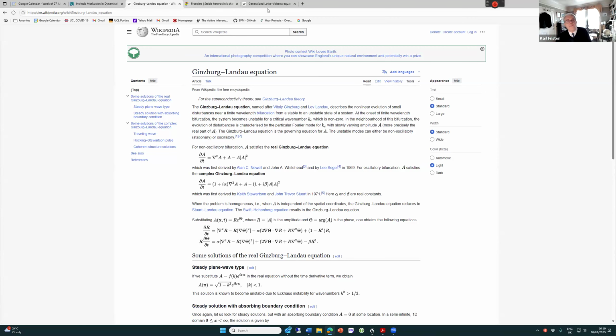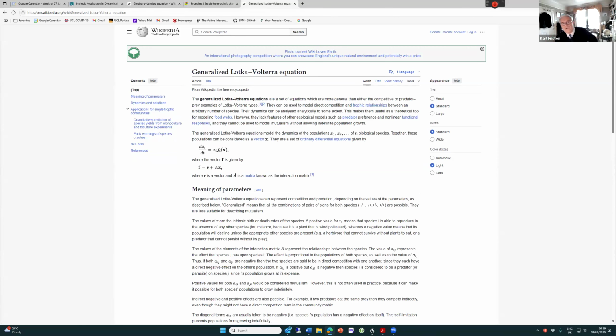The one which I see coming up time and time again is the generalized Lotka-Volterra equation. And you see this in biology everywhere, at many, many different scales. And it just struck me that your ring attractor was, if you like, a sort of continuous version of this generalized form.